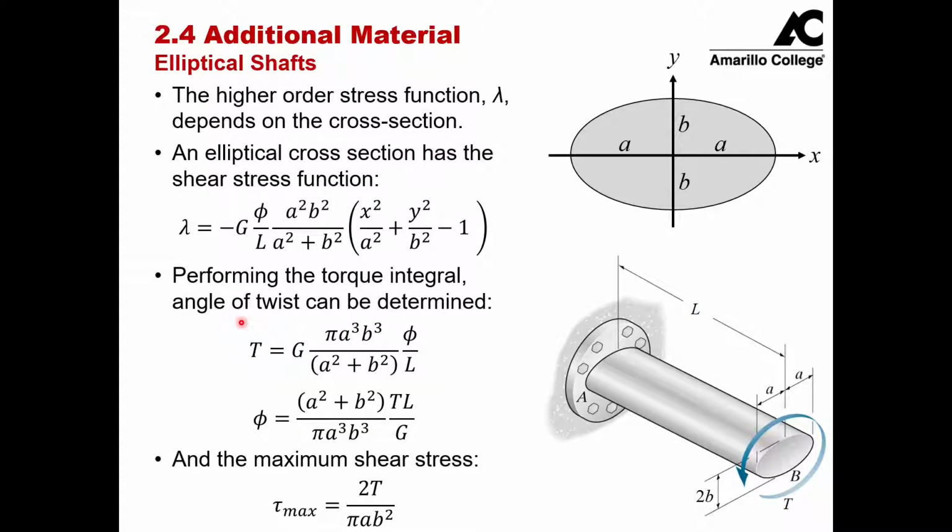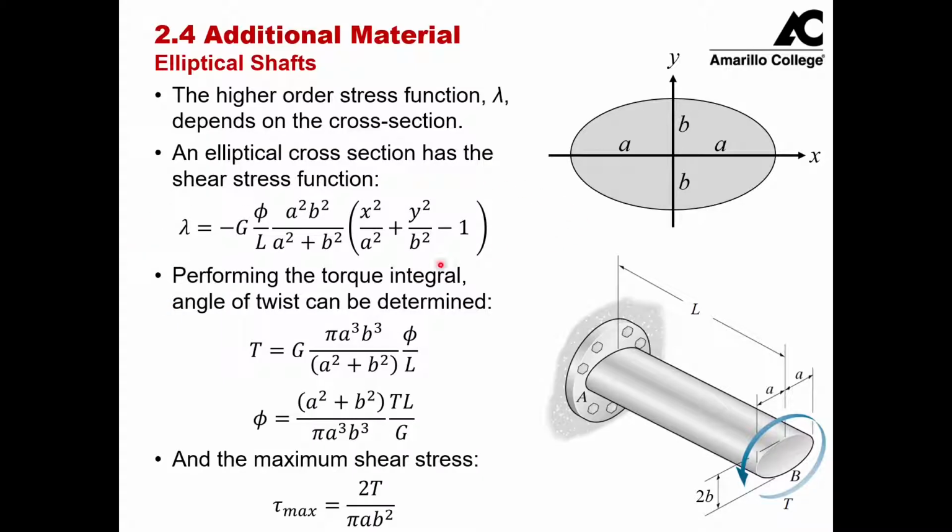But this is an elliptical shaft, and we're defining an elliptical shaft such that this distance is going to be A, this longer radius is going to be A, and this shorter radius is going to be B. And as it turns out, our higher order shear stress function is given in this form.